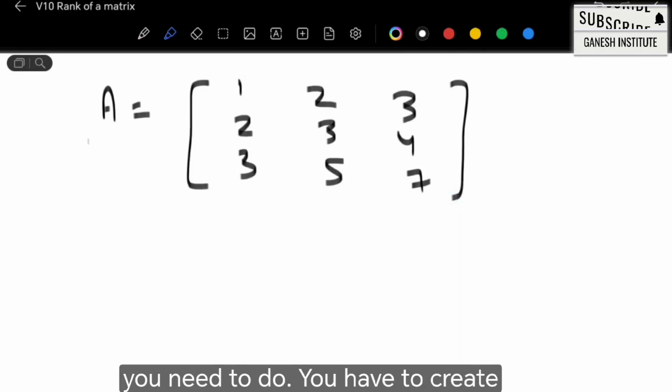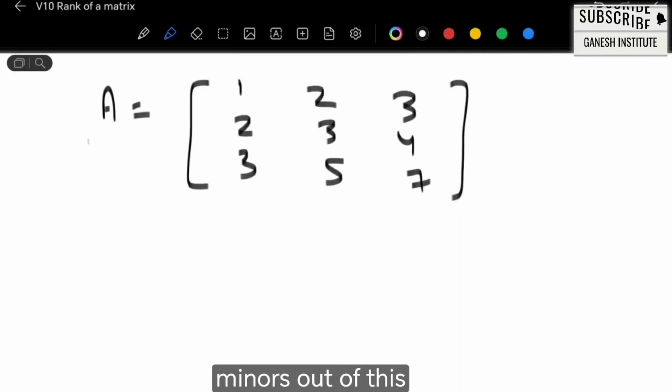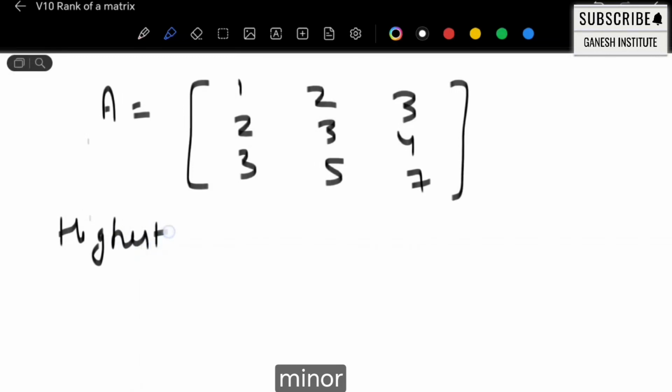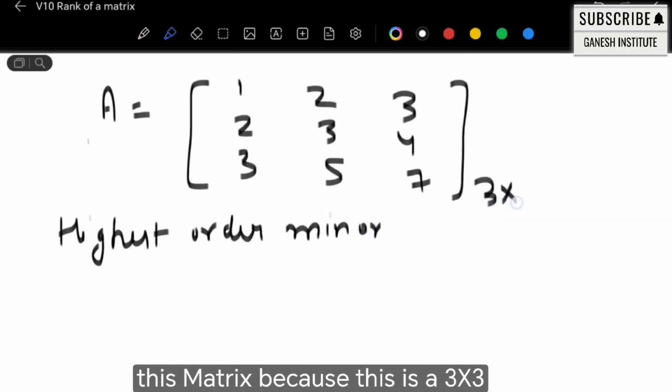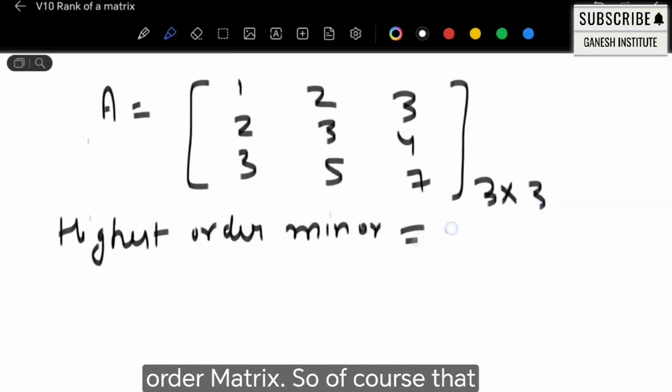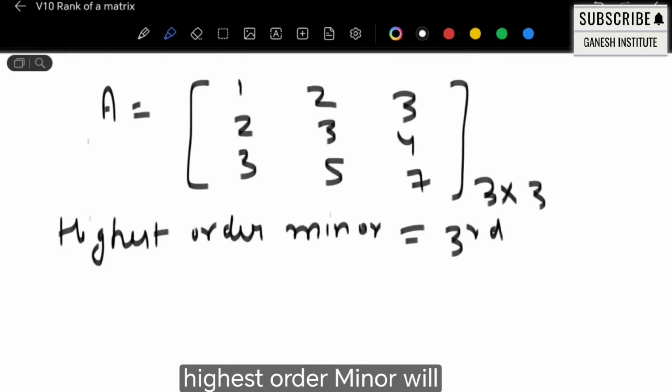Now what you need to do, you have to create minors out of this matrix. How many minors? If I ask you the highest order minor from this matrix, because this is a 3 by 3 order matrix, of course that highest order minor will be equal to third order minor.